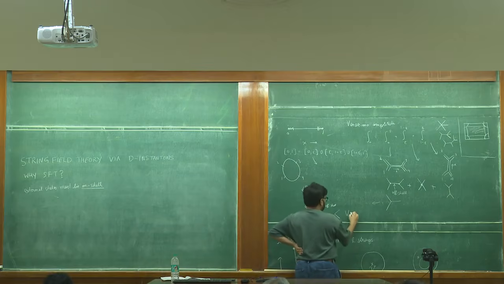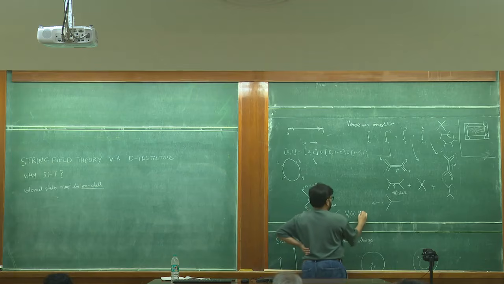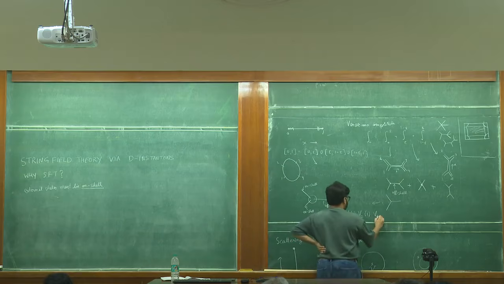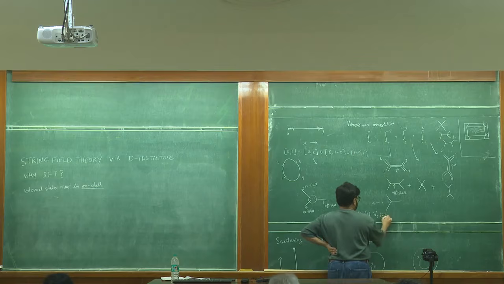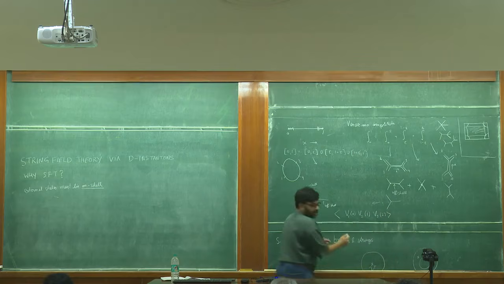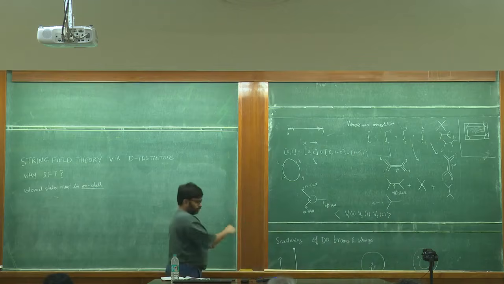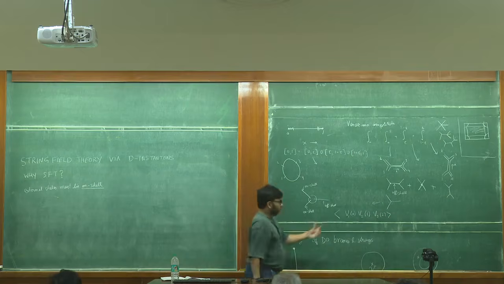There would be some V1 inserted at 0, some V2 inserted at 1, and some third vertex operator inserted at the point 2. I don't want to insert it at infinity because it's harder to think about. So there are 3 points at 0, 1 and 2. These 2 are on shell.